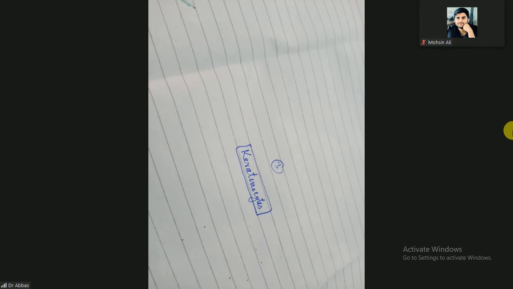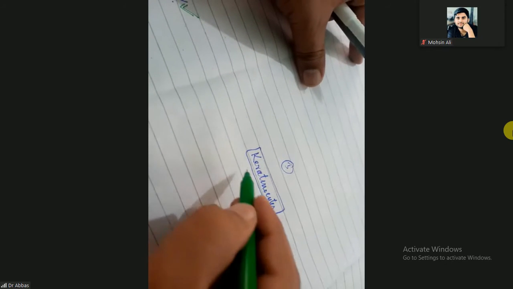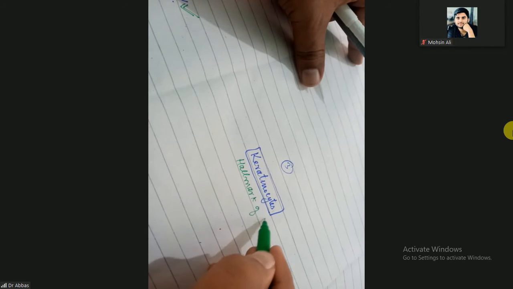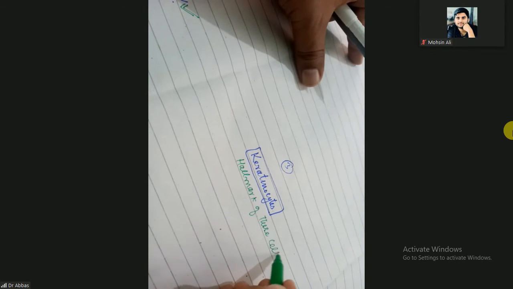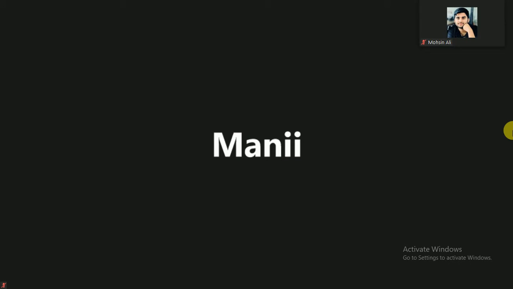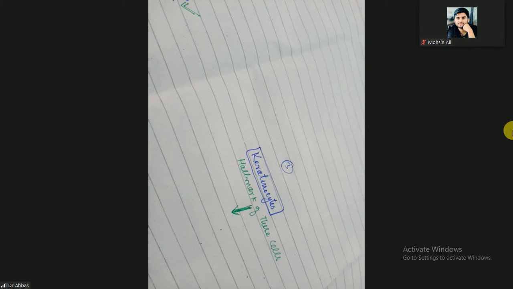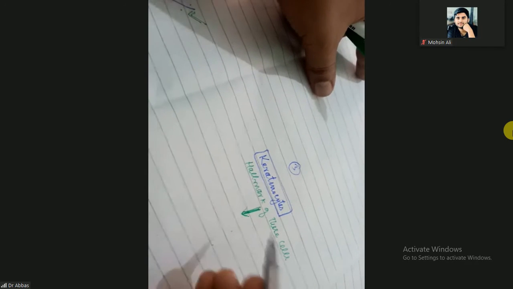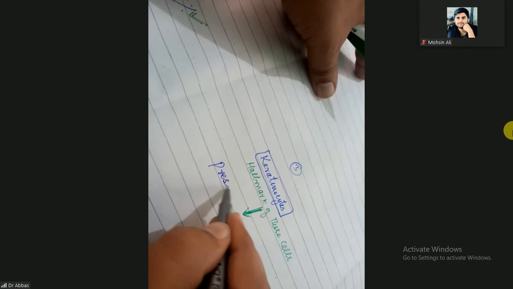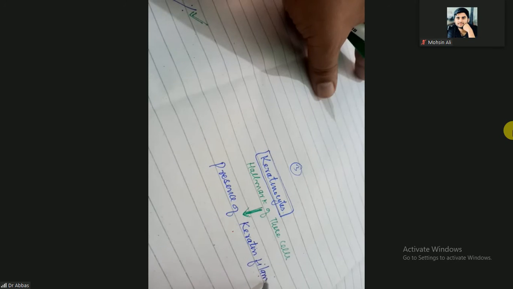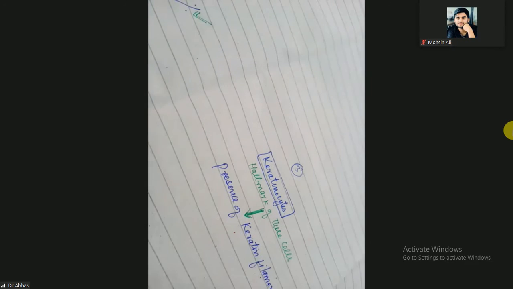The hallmark of these cells is that they have keratin filaments. Keratinocytes have keratin filaments. We have discussed what keratin filaments are.